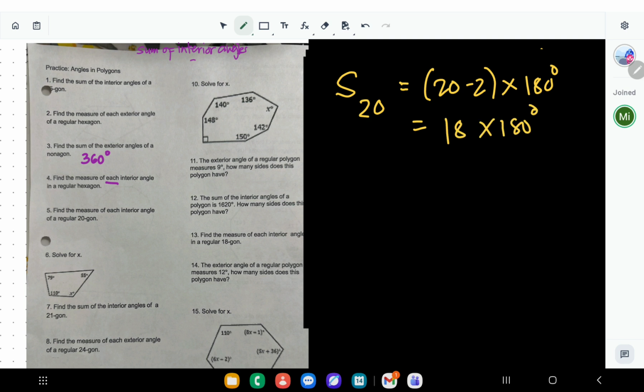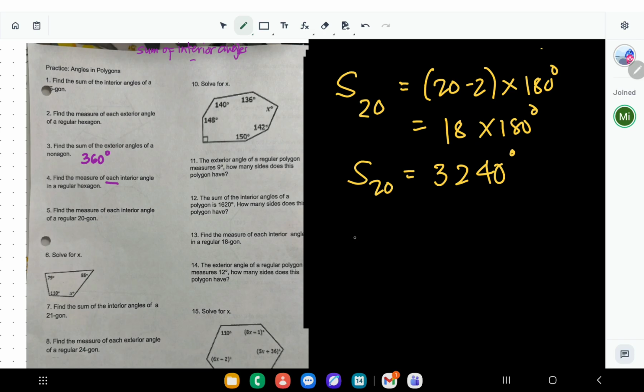Okay, what is that? So the sum of the interior angles of the 20-gon is 3,240 degrees.